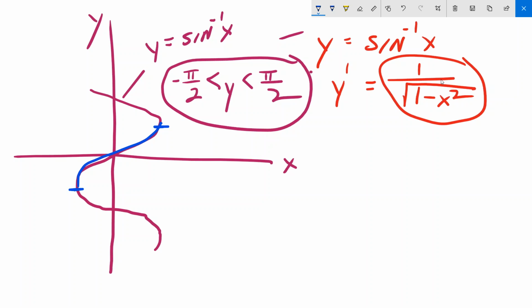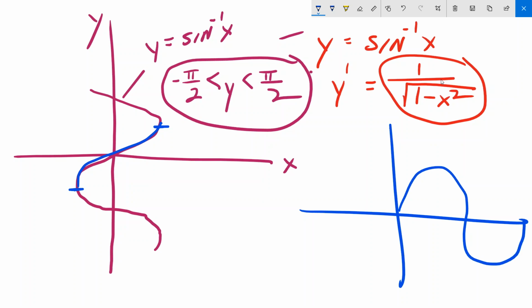The only way you restrict that is by chopping up the sine curve. In other words, our sine curve looks like this, and if we restrict it between minus pi over 2 and pi over 2, now we're only talking about this part of it.